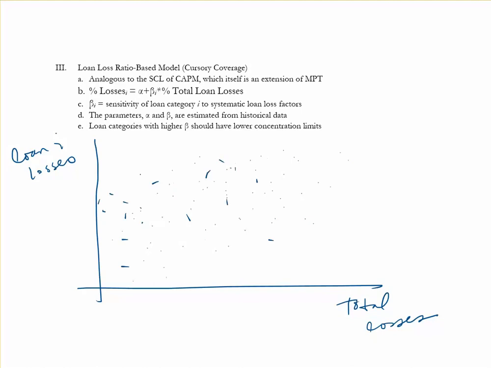So let's say we do that data and we draw a trend line. And I think that would look like the trend line. There would be an intercept, we'll call that alpha, there'd be a slope, and that would be called beta. And so we could fit this equation.